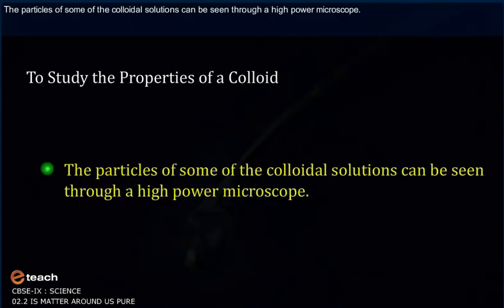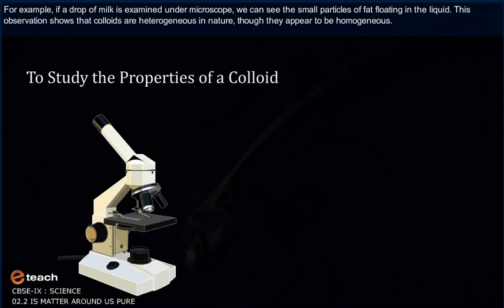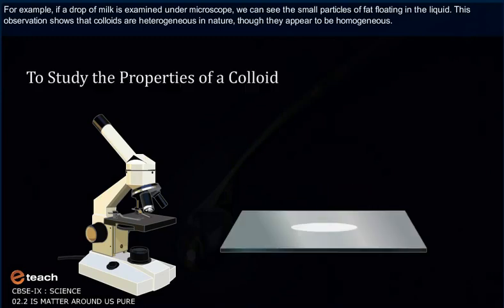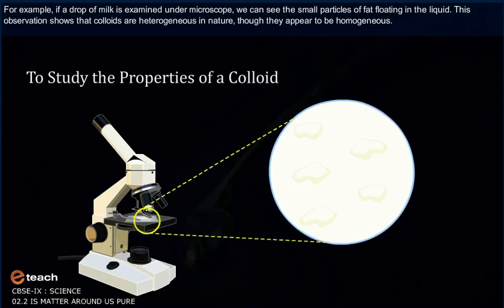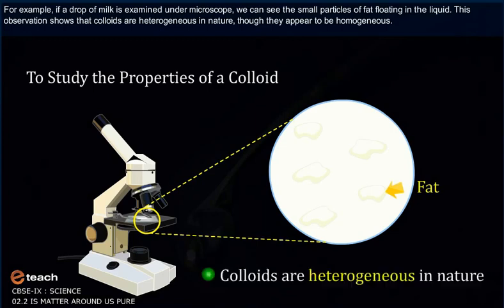The particles of some of the colloidal solutions can be seen through a high-power microscope. For example, if a drop of milk is examined under microscope, we can see the small particles of fat floating in the liquid. This observation shows that colloids are heterogeneous in nature, though they appear to be homogeneous.